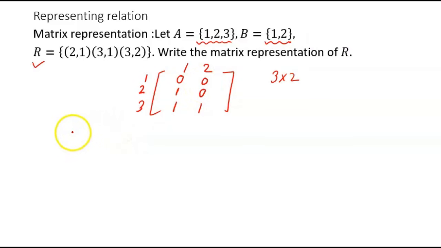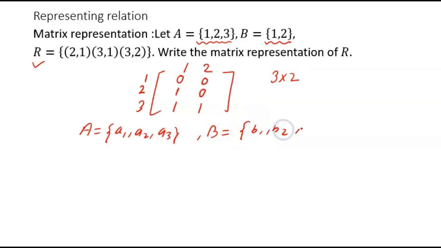Suppose we have a set A with elements A1, A2, A3, and another set B with elements B1, B2, B3, B4 and B5. Now suppose I have to define a relation from A to B, and the relation is represented by its matrix representation.